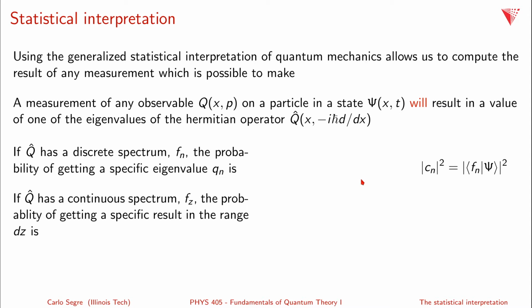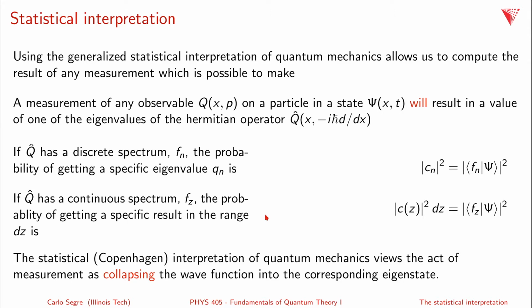So if Q has a continuous spectrum, on the other hand, f sub z, so z is now a continuous variable, the probability of getting a specific result in the range dz is just given by modulus of c of z squared times dz, which is the inner product of f sub z with psi modulus squared.